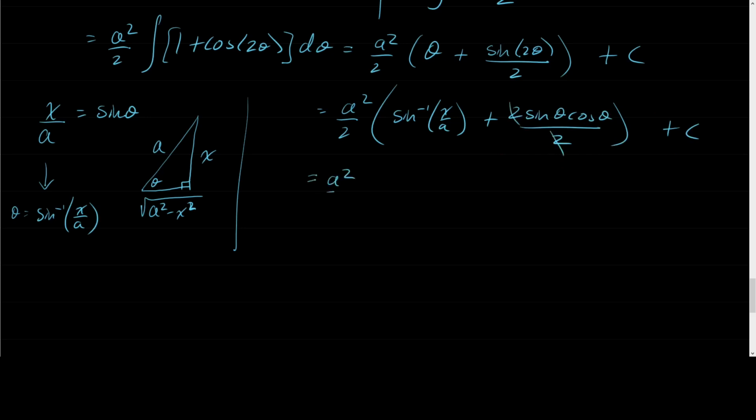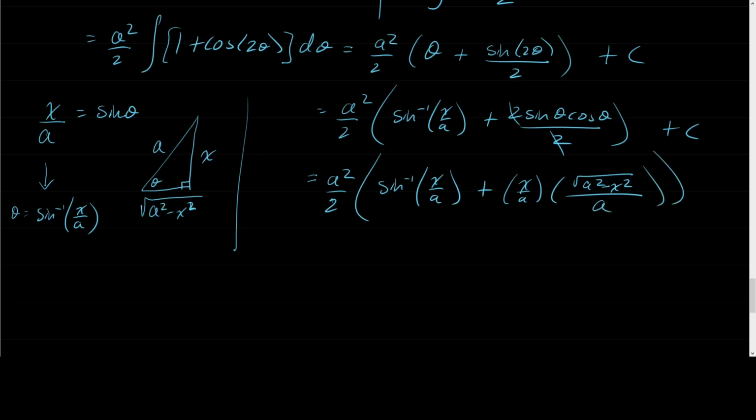And I have a squared over 2 times sine inverse of x over a plus sine theta. Sine theta we know to be x over a times cosine theta. Cosine theta, well, it's adjacent over hypotenuse, so I get radical a squared minus x squared over a, and we have that all plus c.